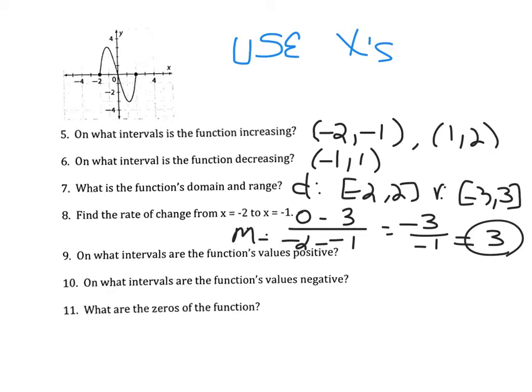So in other words, to find the rate of change, the X's are on the bottom and the Y's are on the top. So on top is 0 minus 3.